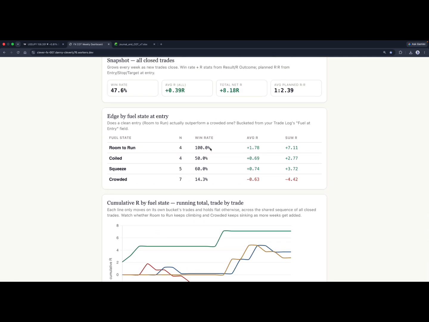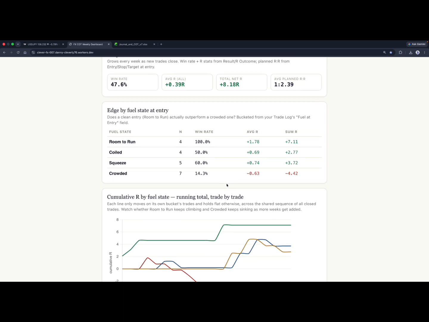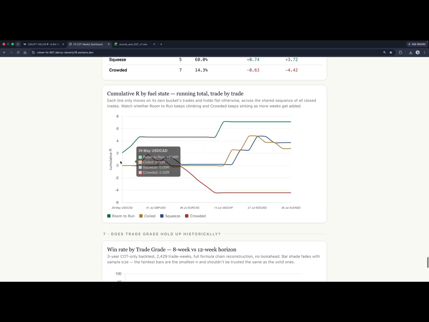There's a 100% win rate. Coiled at a 50% win rate. Squeeze 60, crowded 14.3. So as trades are added to this then ultimately will become the edge. But so far it's looking positive for grade A trades. This one here talks about the fuel state, running total, trade by trade.